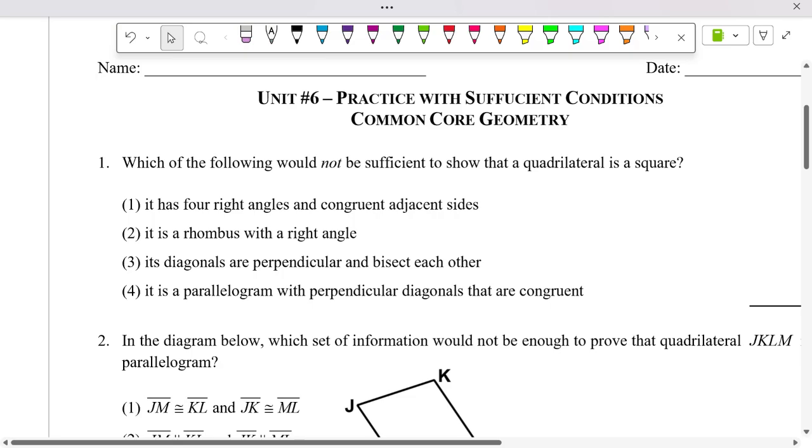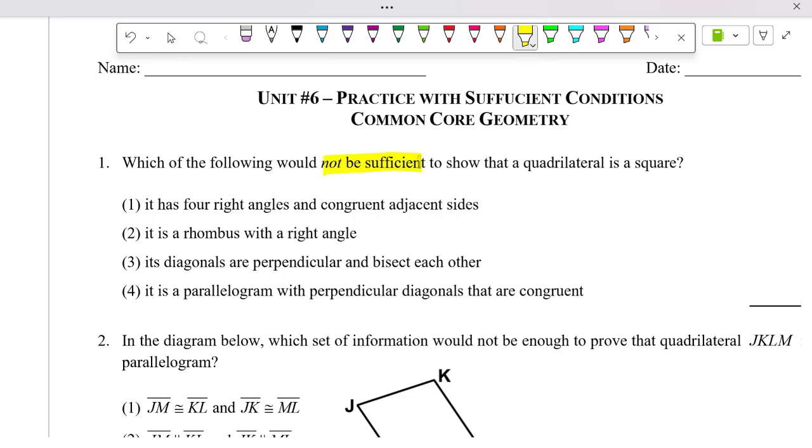All right. So, which of the following would not be sufficient to show that a quadrilateral is a square? So, we want to show that a quadrilateral is a square. So, the first is it has four right angles and congruent adjacent sides. The second is it's a rhombus with a right angle. The third, its diagonals are perpendicular and bisect each other. Fourth, it is a parallelogram with perpendicular diagonals that are congruent.